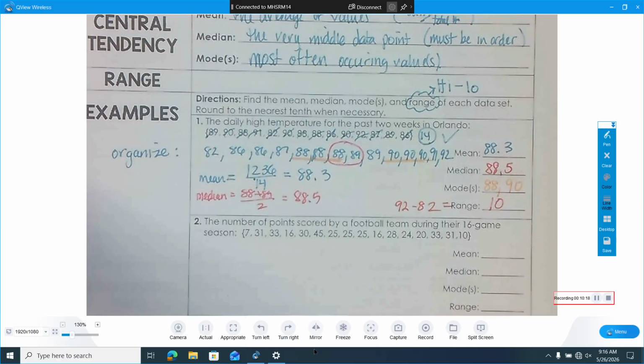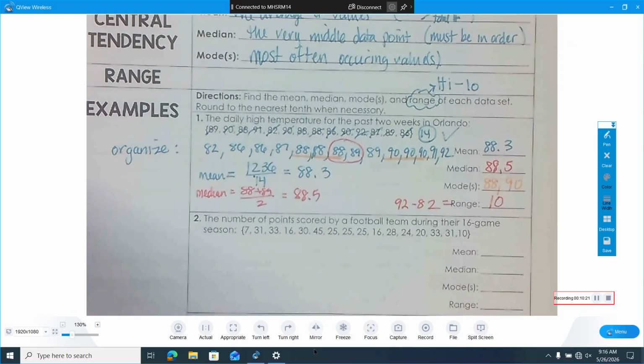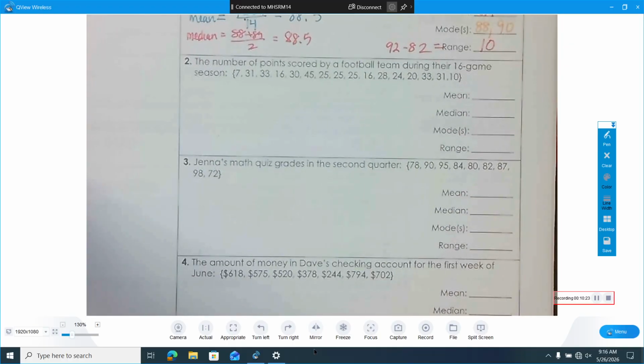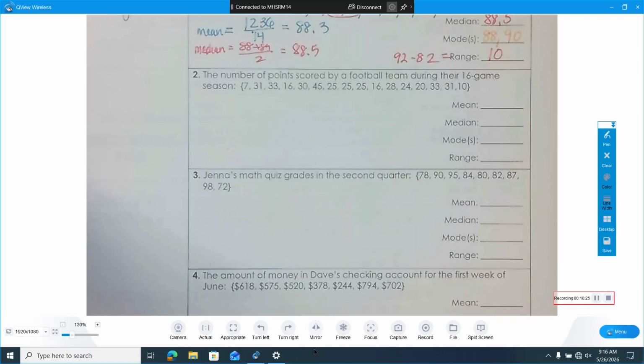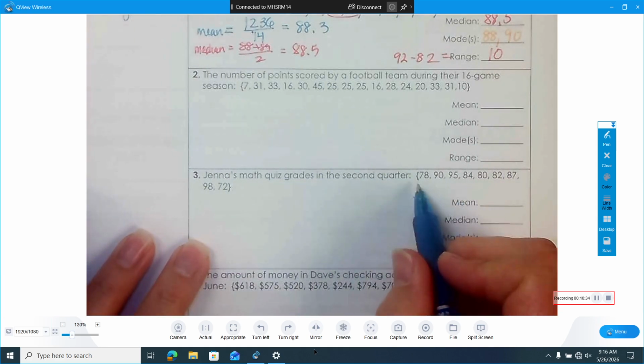Okay, let's go down to number 3. Number 3, Jenna's math quiz grades in the second quarter. What should we do first? Organize. I'm going to organize them. Let's see.